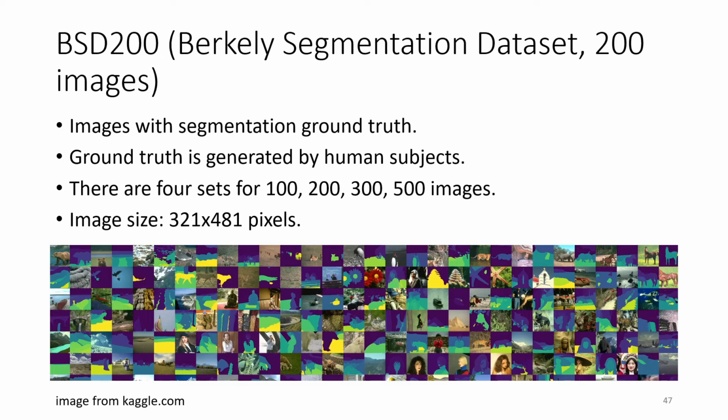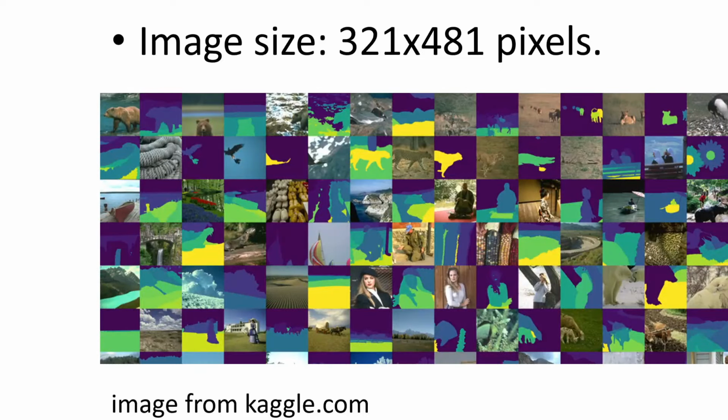So you can see many images here, and for every image, there is a corresponding segmentation label. And how do they create the segmentation label? Again, human subjects. They invite many volunteers, maybe students or colleagues, for every given image, to draw the boundaries of this image. So they will have a set of boundary labels, and all of them are different.